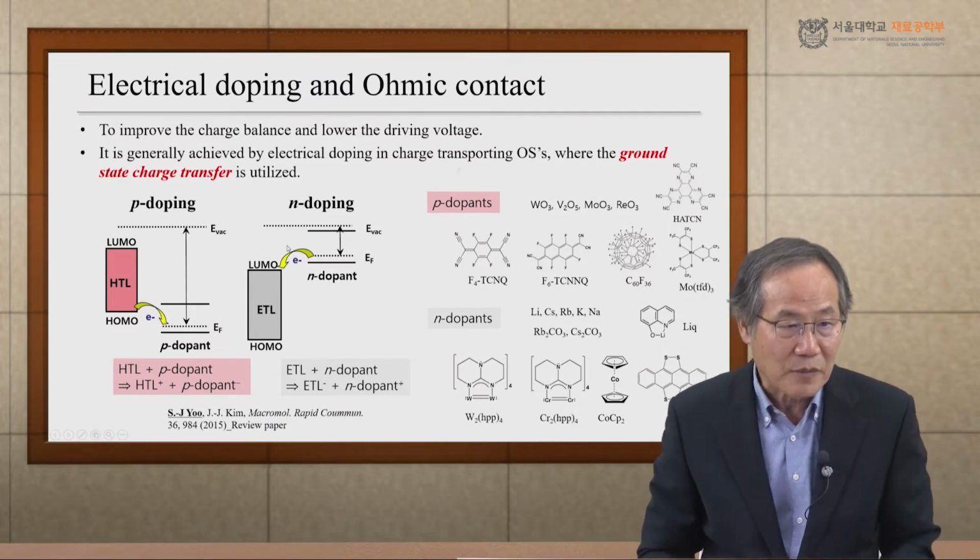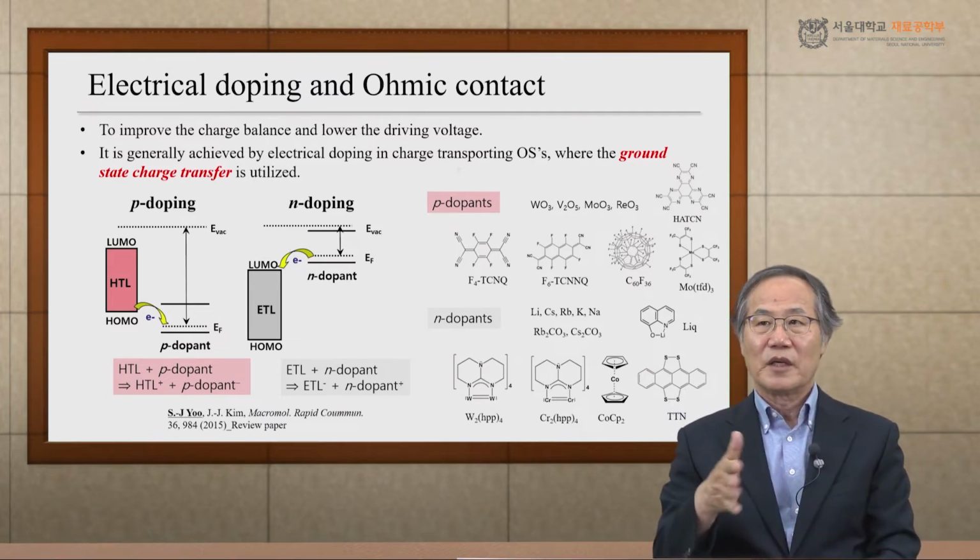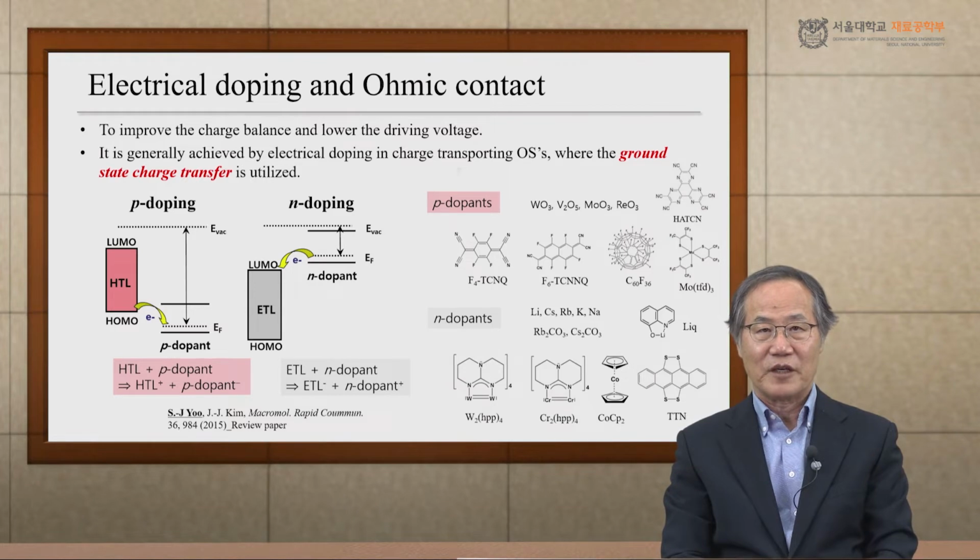Then the barrier region, the depletion region, becomes very narrow, and tunneling is really efficient. That's one way to form ohmic contact, right? So we also need electrical doping to form ohmic contact.